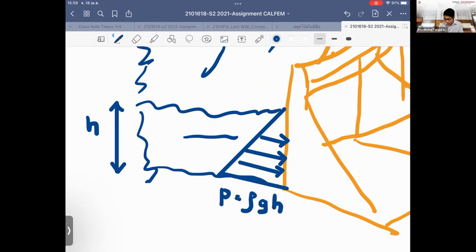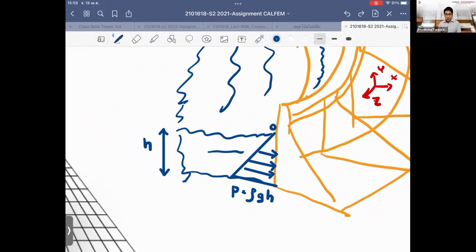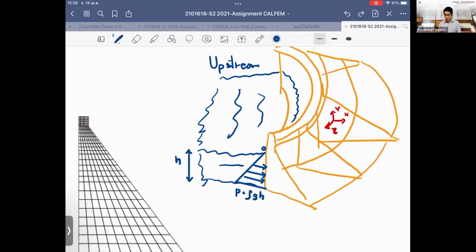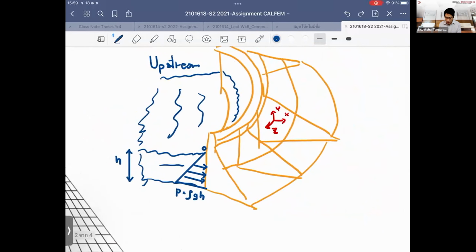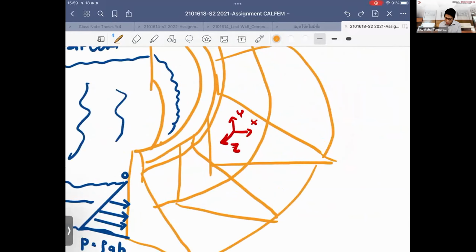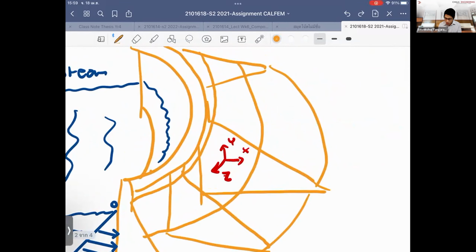And times H. So you get the pressure, which starts from 0 and is maximum at the bottom, right? And we call this the hydraulic pressure. The dam has to resist when you want to keep the water in the upstream of the dam. So it has to use the self weight of the dam, because this is made of concrete.